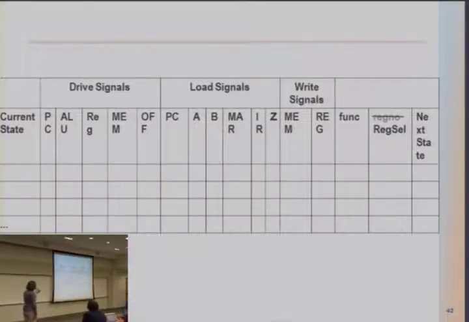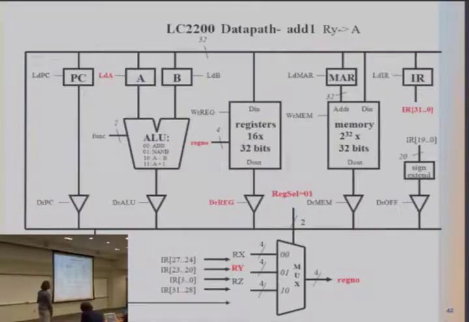Okay, so our table has now slightly changed. We still have drive signals, load signals, write signal, next state signal. Now instead of a register number that has 4 bits, we have a register selector that has 2 bits. So we made our system a little bit more efficient.